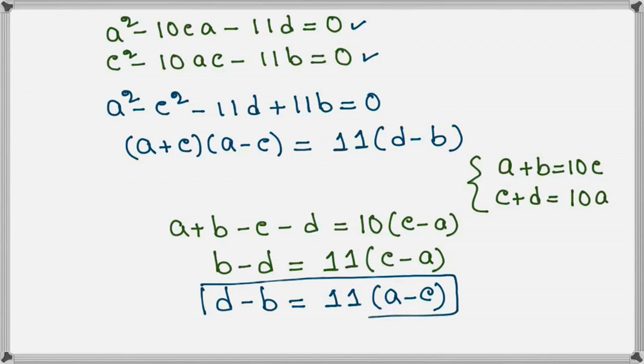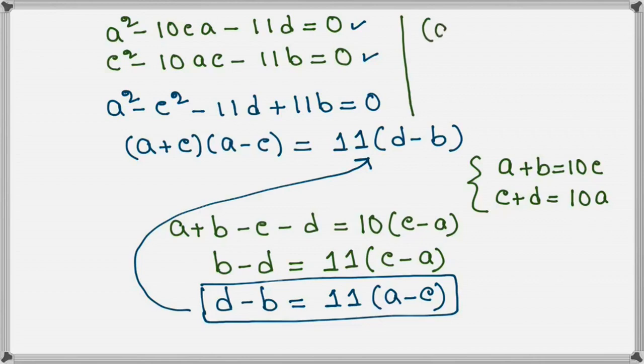Now we substitute this here and therefore we obtain (a plus c) into (a minus c) is equal to 121 into (a minus c).